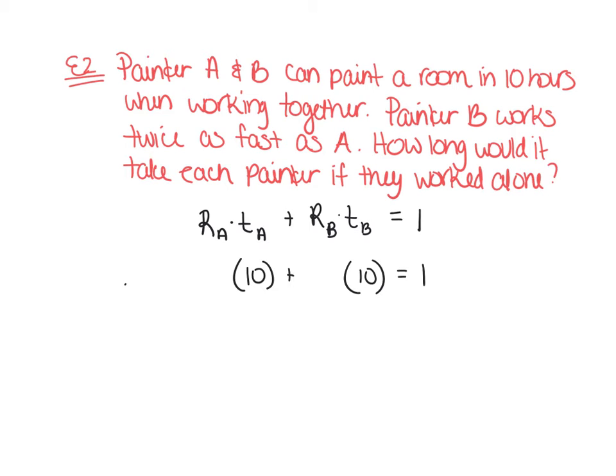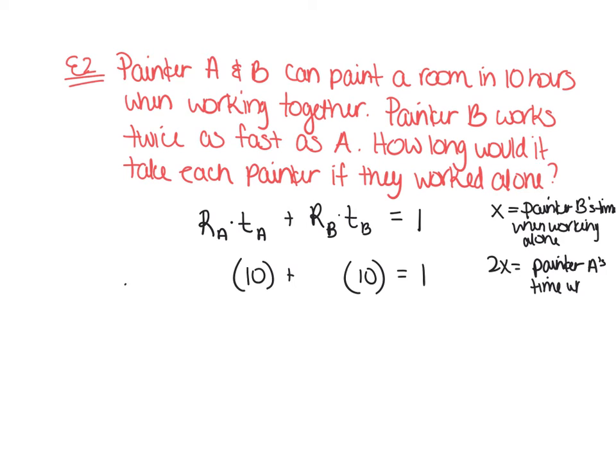So if you think about that, if we let x equal painter B's time when working alone, then 2x is how long it's going to take painter A. Okay, so it says painter B works twice as fast. So that means painter A's time will always be double painter B's. So if painter B can do it in 12 hours, it's going to take painter A 24 hours. Or if painter B can do it in 15 hours, painter A is going to take 30 hours. So we need to figure that out.